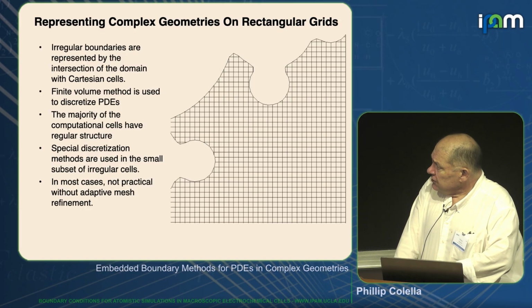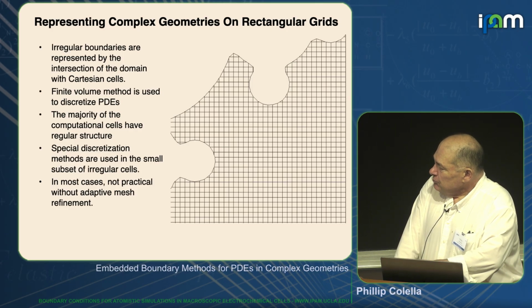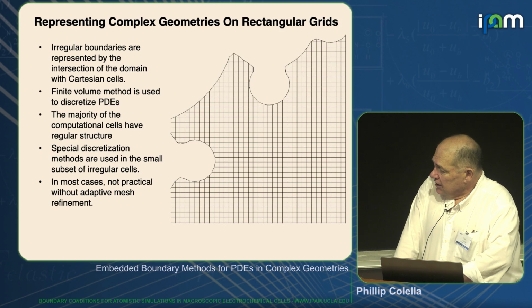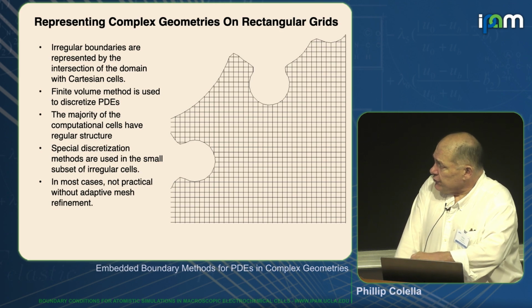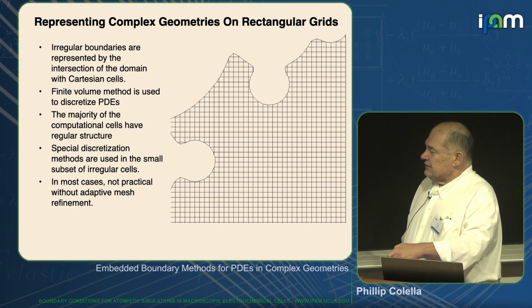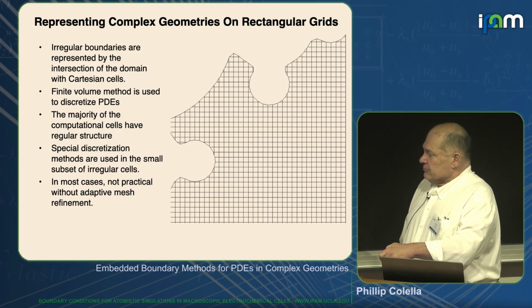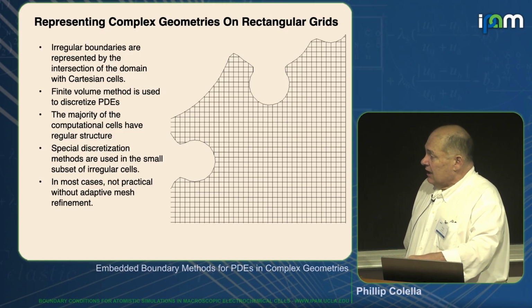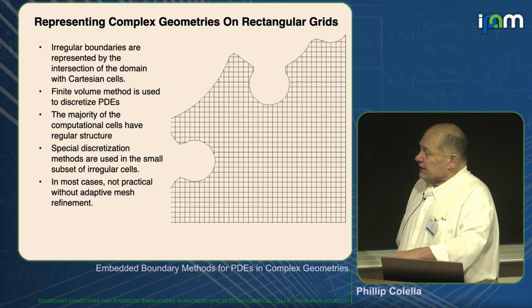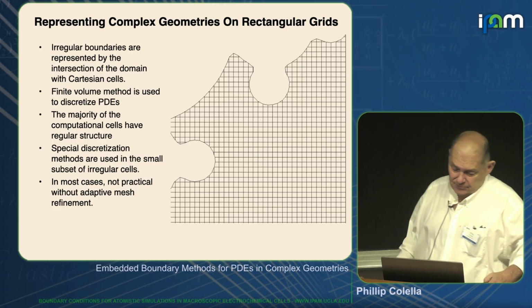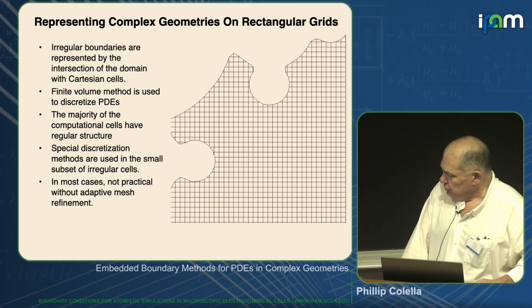You may want a fairly fine mesh near the boundary just to resolve the variation in the boundary, the curvature, so to speak. You don't need that fine a mesh all the way out here, so adaptive mesh refinement is an essential tool here.